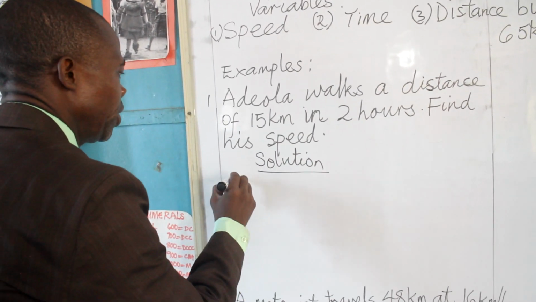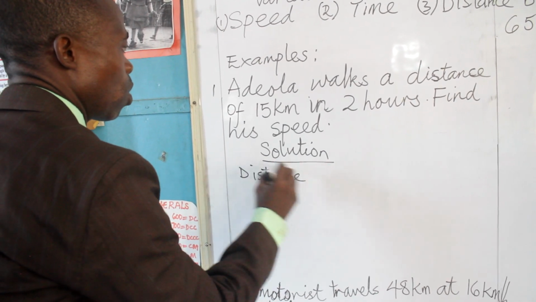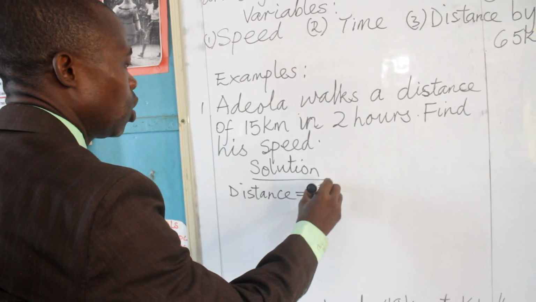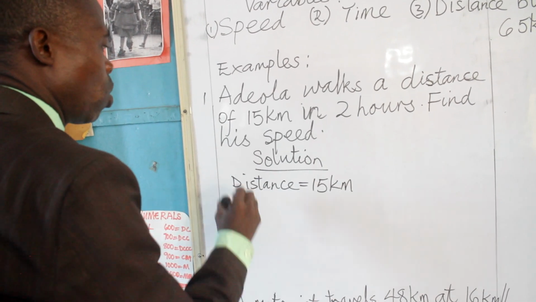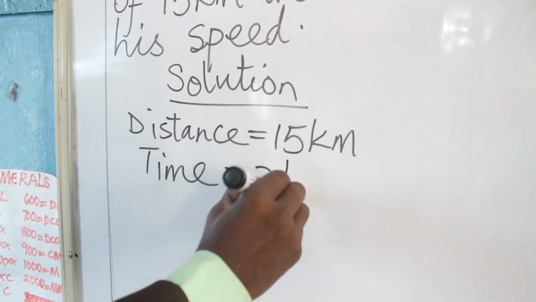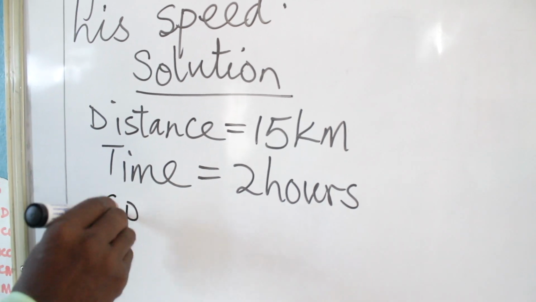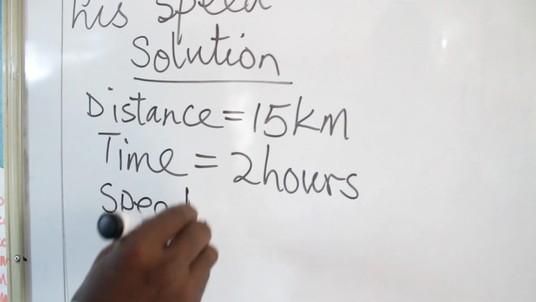We have the distance to be 15 kilometers. We have the time to be 2 hours. Then the speed we are not given.